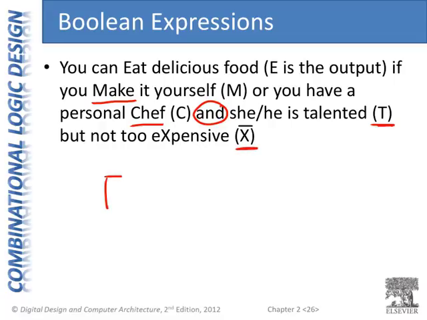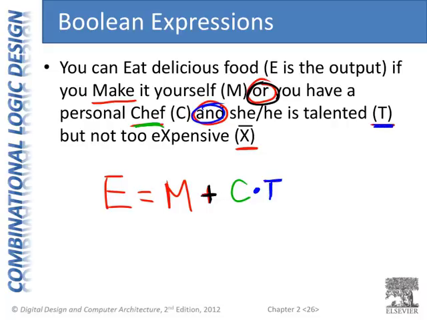E is the output, if and only if you make it yourself, or you have a personal chef, and she or he is talented but not too expensive. In Boolean algebra you can replace any "but not" with an "and not": and not too expensive.